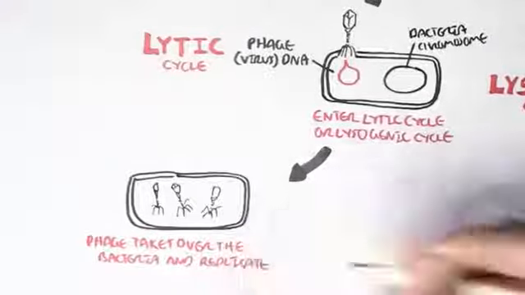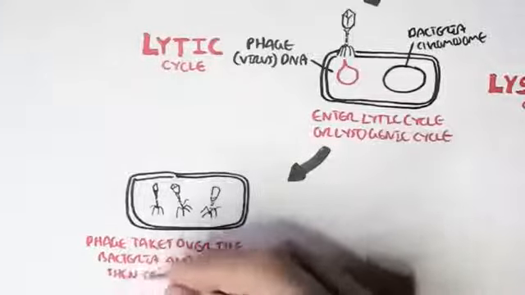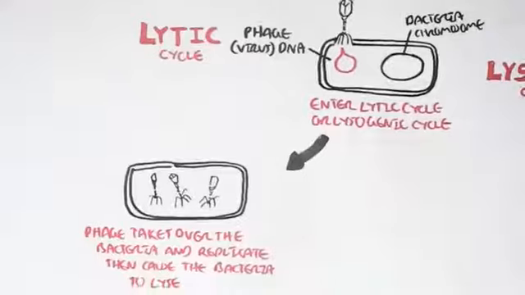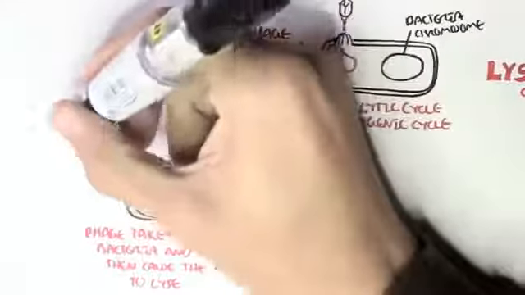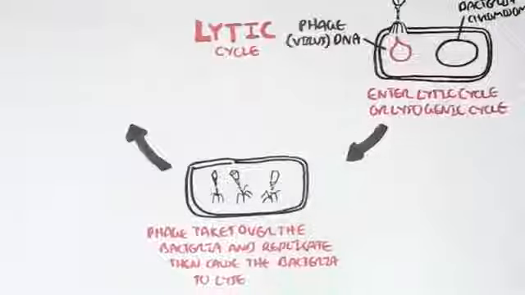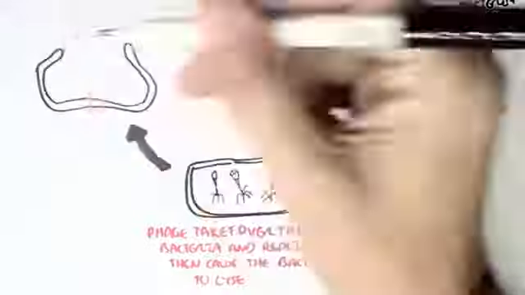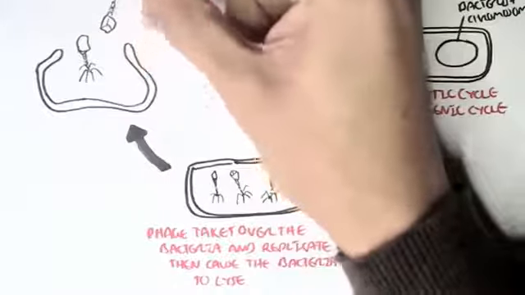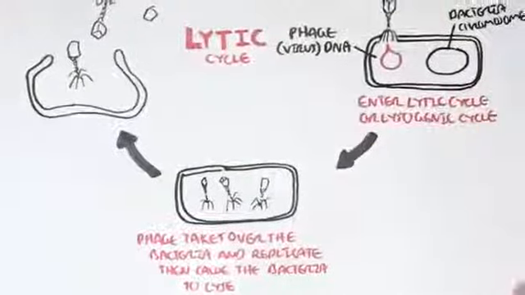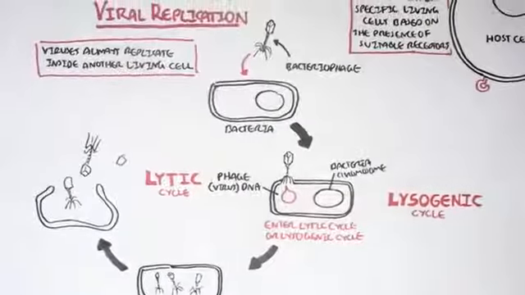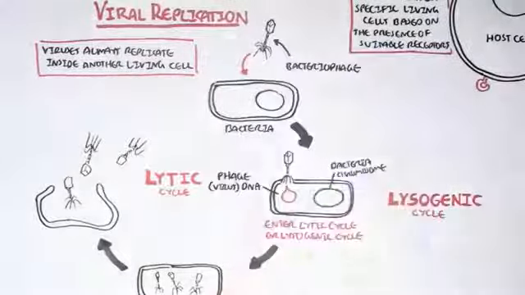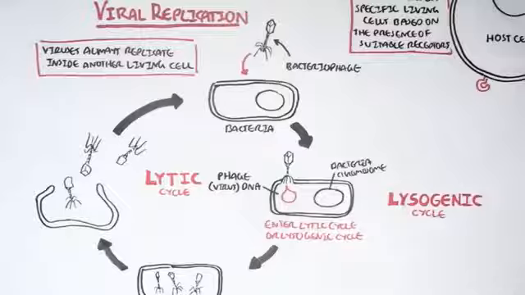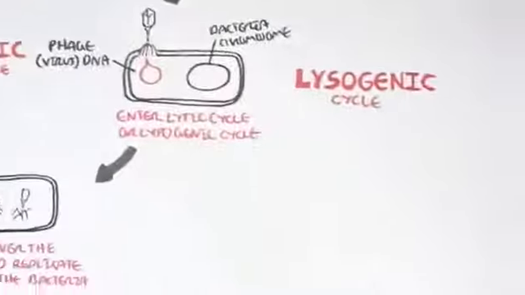The synthesis and accumulation of these new bacteriophages will cause the bacteria to lyse, to burst basically, which will release these bacteriophages out. The bacteriophages can then infect other surrounding bacteria, and the cycle can continue on. The lytic cycle is actually the most common outcome of the phage infection, but sometimes the lysogenic cycle can occur.